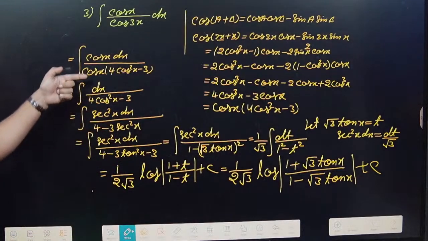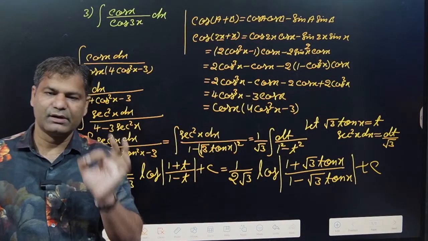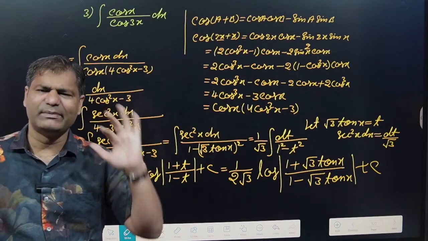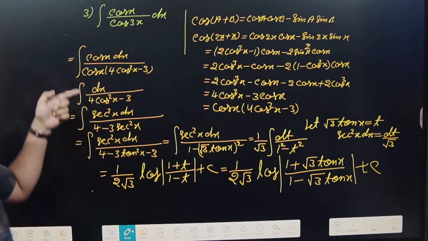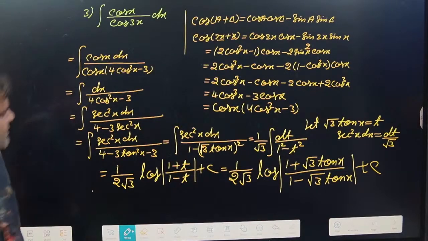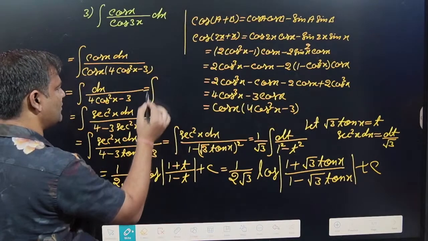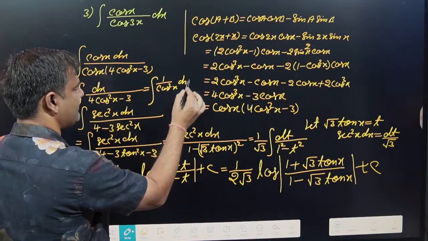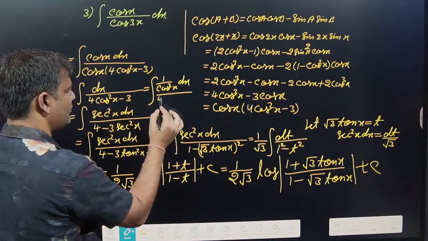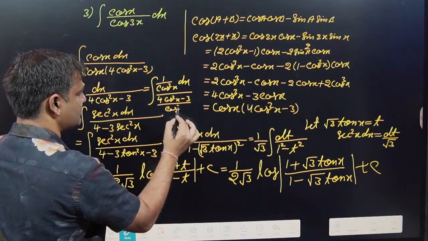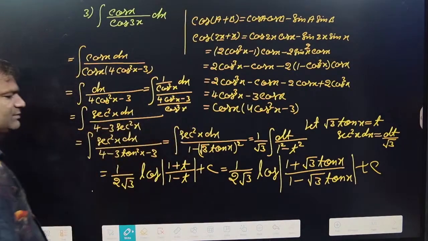Basically, multiply and divide by sec square x, or you can say divide by cos square x. So 1 by cos square x is basically sec square x, directly written. If someone faces a problem, here is the step: 4 into cos square x minus 3 divided by cos square x.